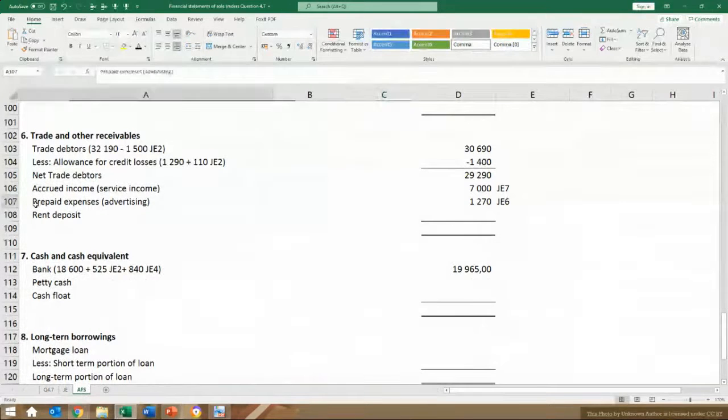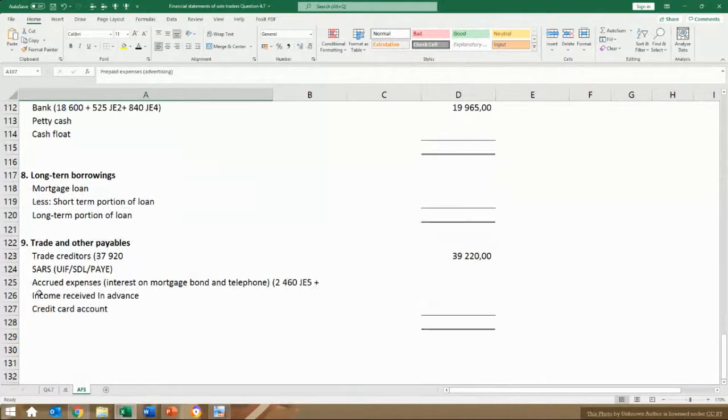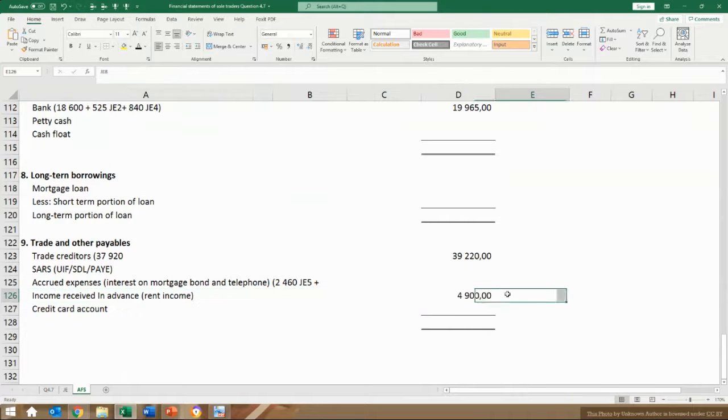Okay, so these are trade and other payables. We included under trade and other payables 4,900 Rand.